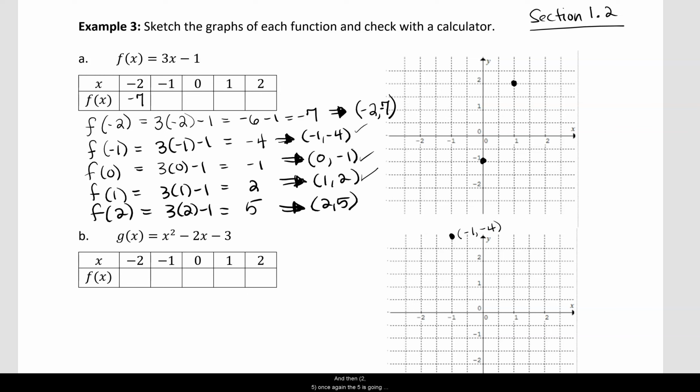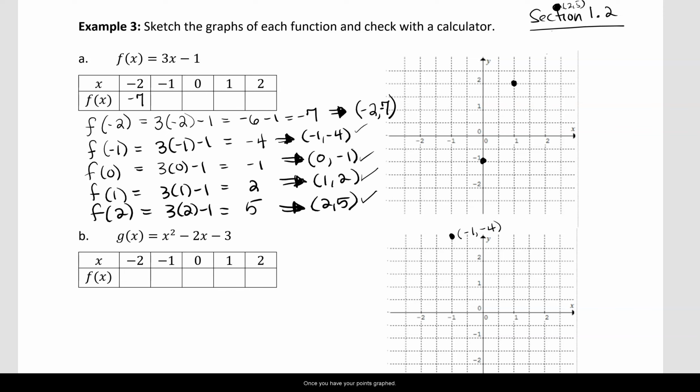And then 2, 5. Once again, the 5 is going to be difficult to graph on this grid because it only goes to 3. But if you wanted to go for it, we could. We would go across to 2 and then up 1, 2, 3, 4, roughly right there. That would be the point 2, 5.